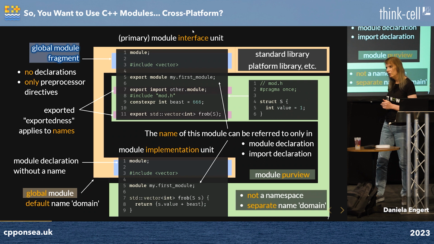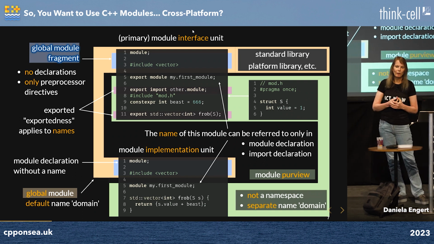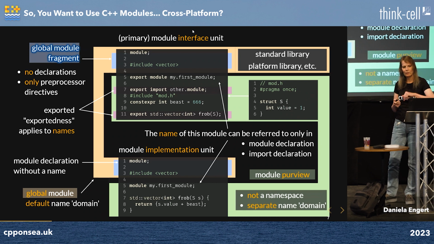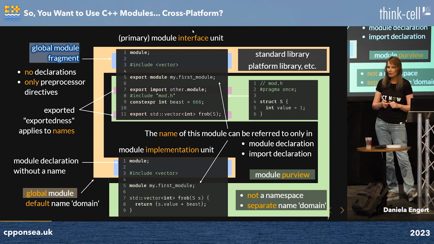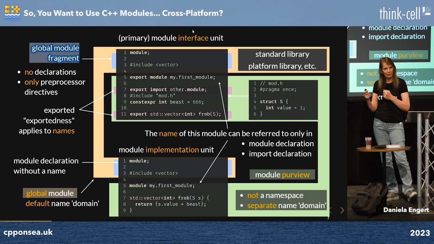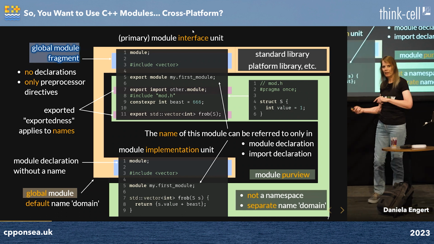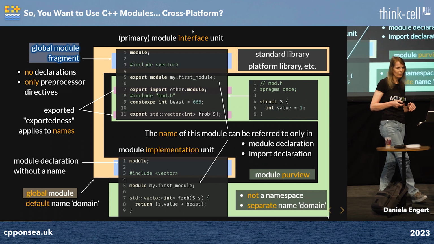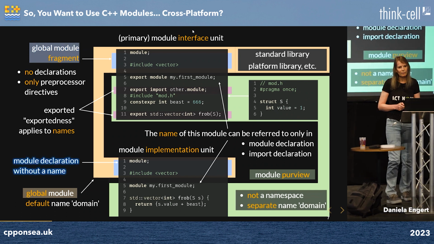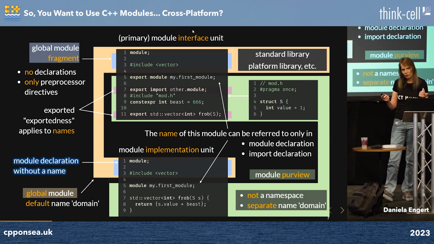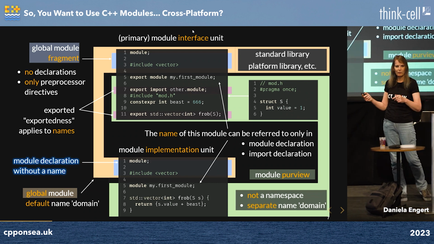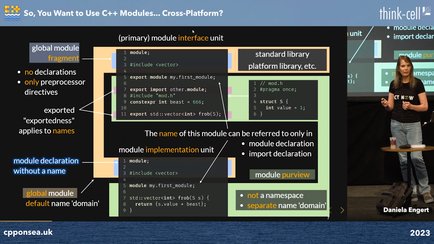Every translation unit of a module can optionally also have a part of this global module, and this is called the global module fragment, where we place all this stuff that we have from the past and want to use in the implementation of our module. And then such a global module is just a declaration without a name, because the global module doesn't carry a name.